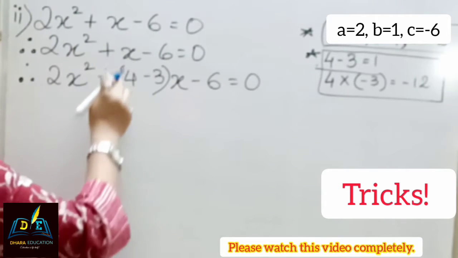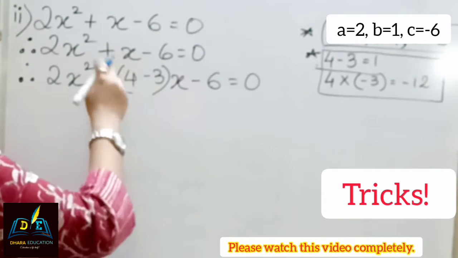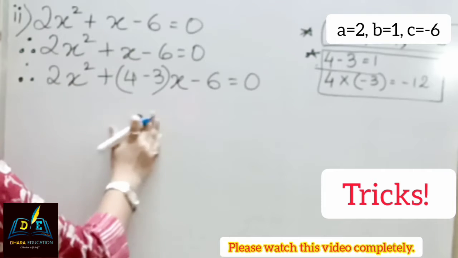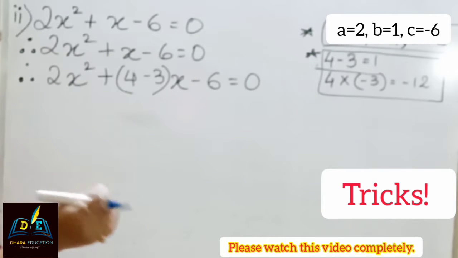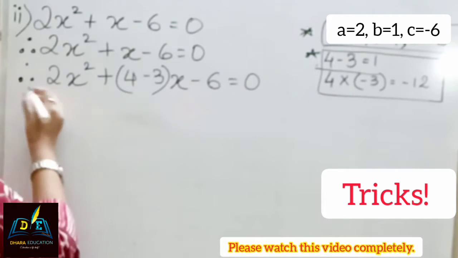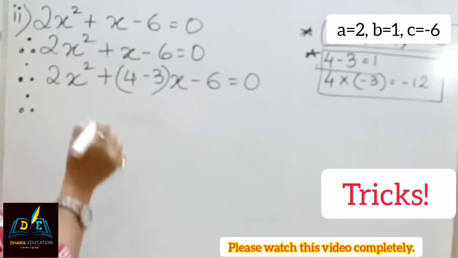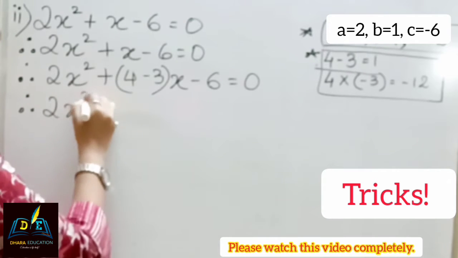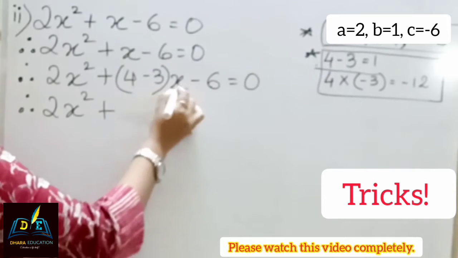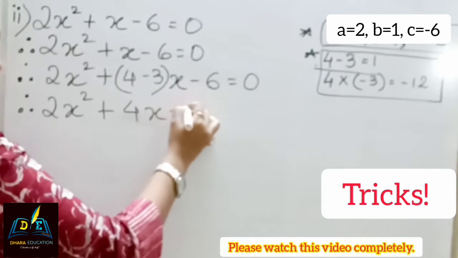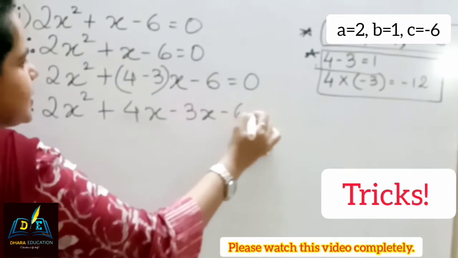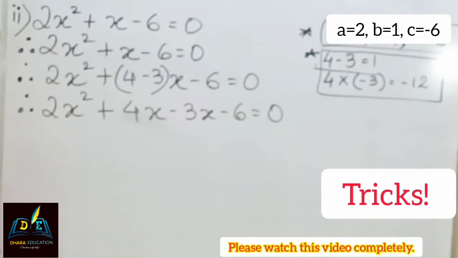Why have I written 4 minus 3 to become 1? As I have already discussed just before this. So now what we need to do? 2x² plus, we will multiply, that is 4x minus 3x minus 6 is equals to 0.